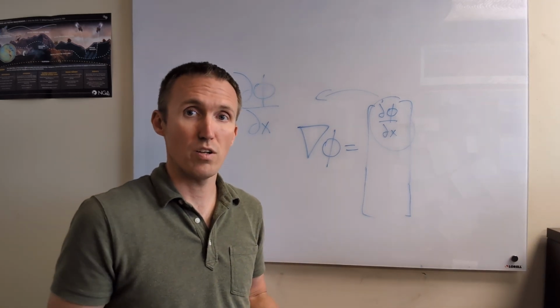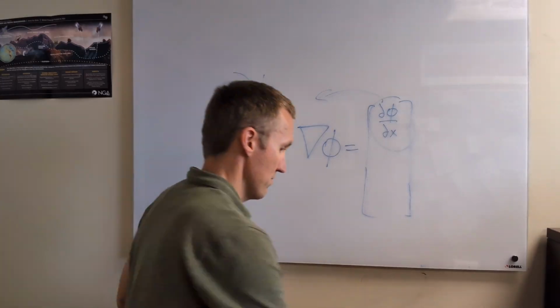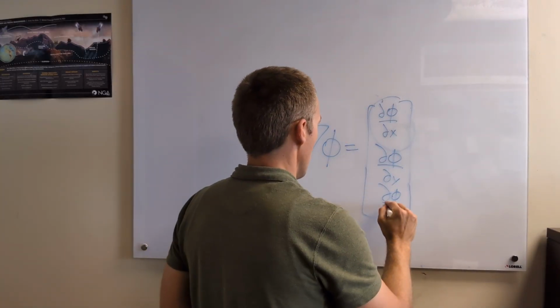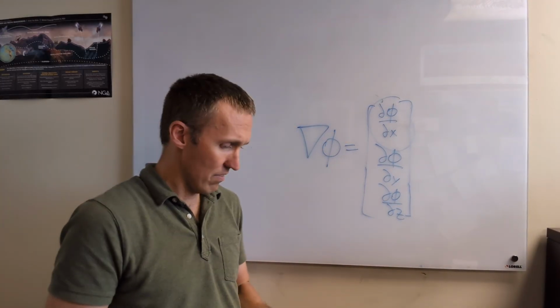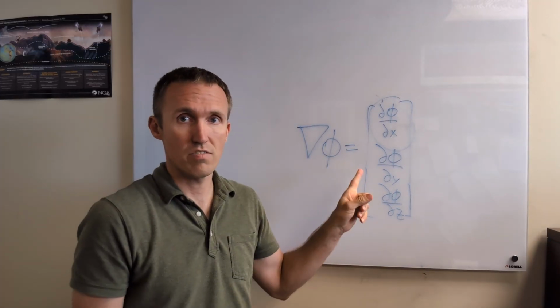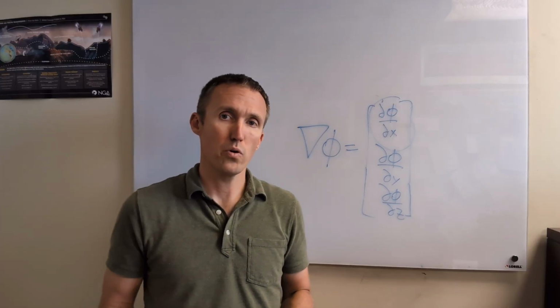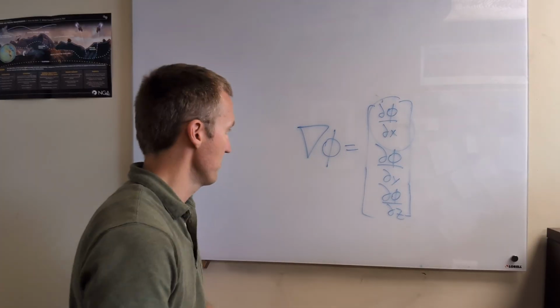Now, if this is a 2D field or a 3D field, it's not enough to just say x. We have to say the other dimensions. So for 3D, for example, for the gravitational potential, we would have d phi dx, d phi dy, d phi dz. Your book will write this in a slightly different way.